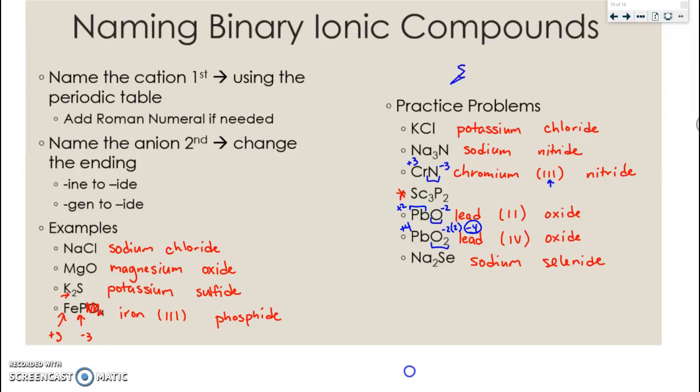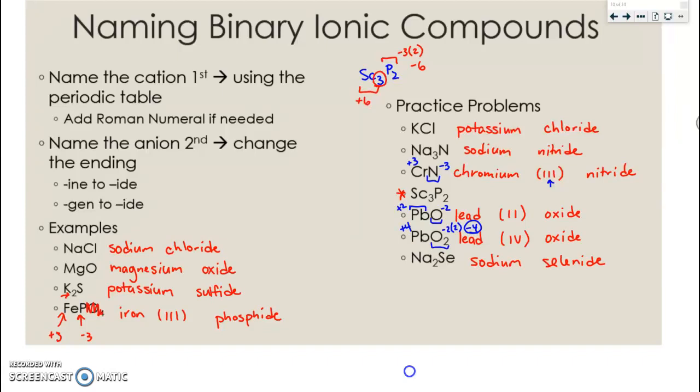For scandium, whoops. Let's do that one over here. We know that phosphorus has a -3 charge times 2, so overall it's -6. So our Sc has to be +6.